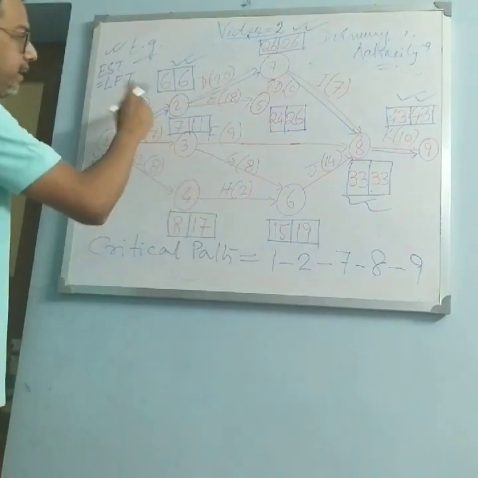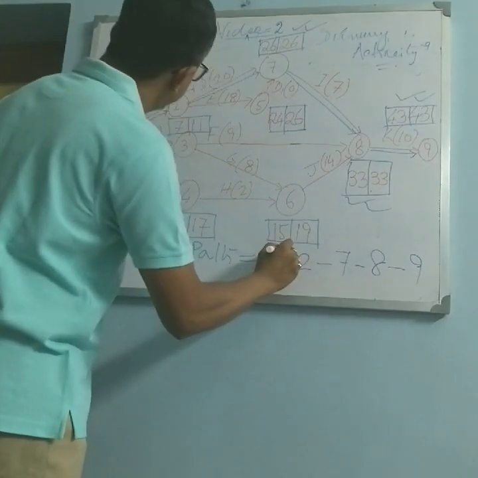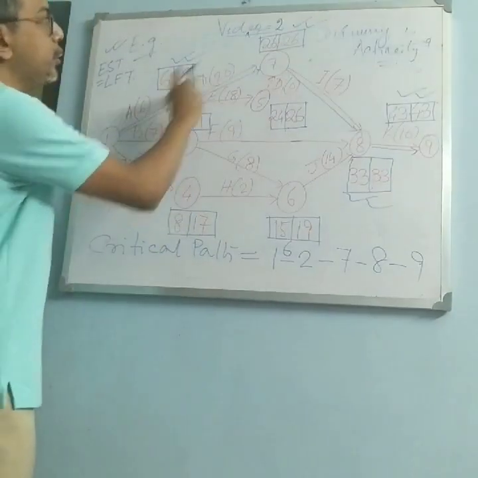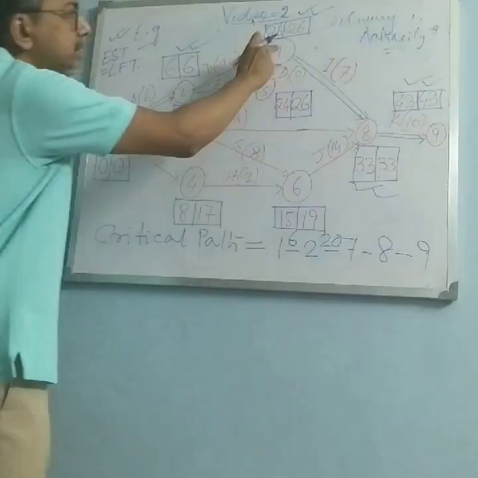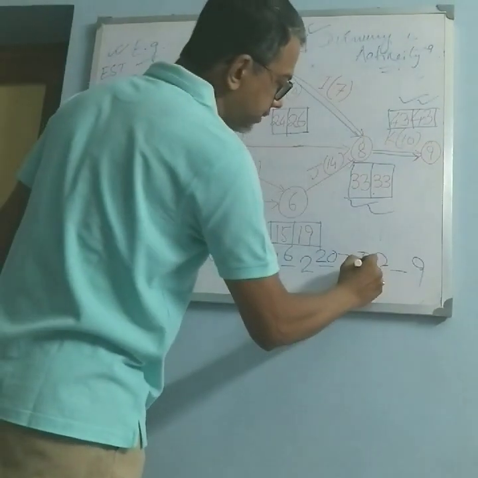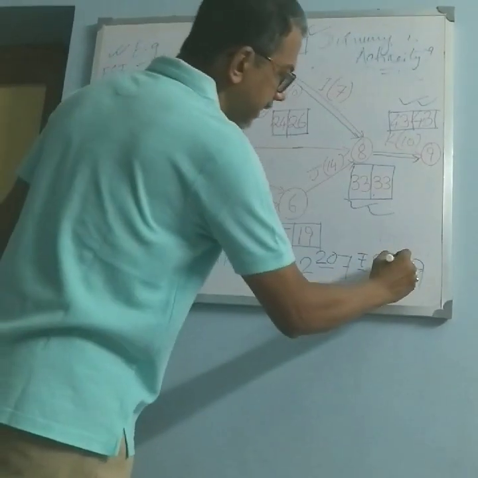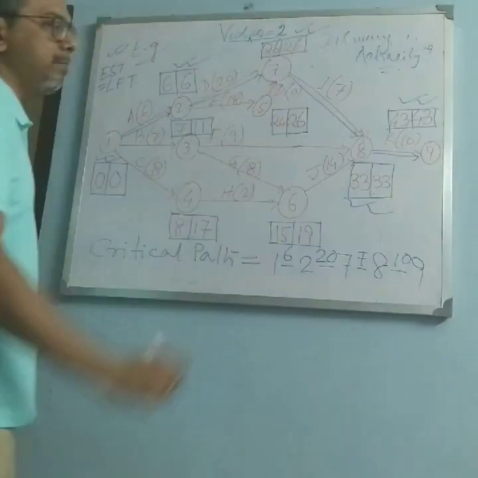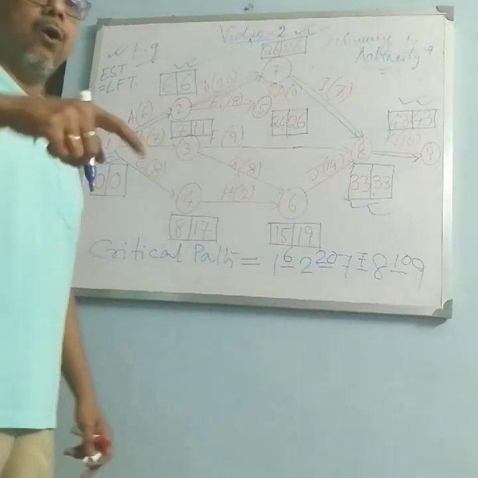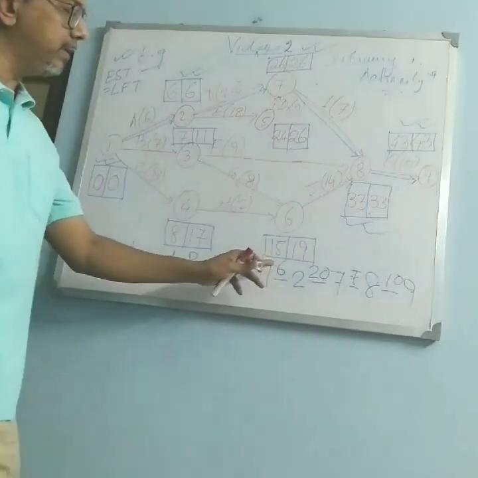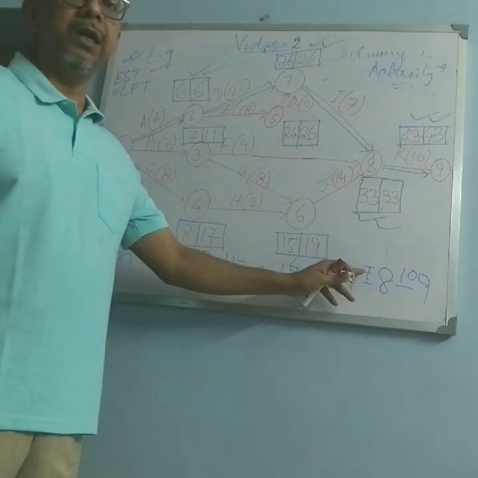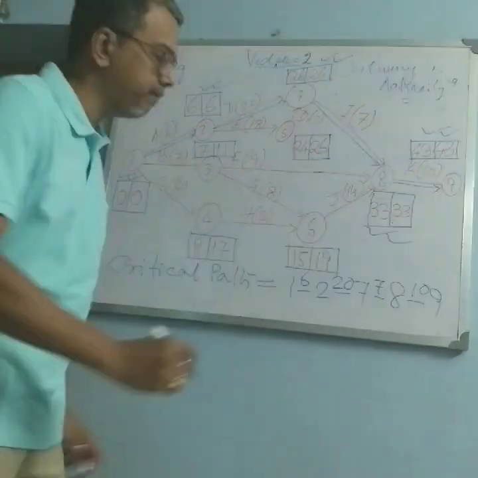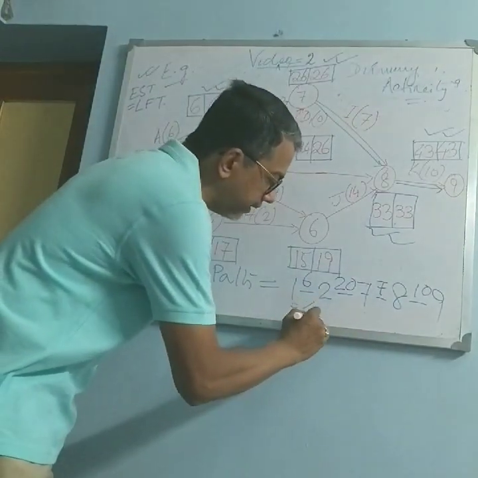Now 1, 2 activity time is how much? 6. Then 2, 7 activity time is how much? 20. 7, 8 activity time is how much? 7. 8, 9 is 10. Now add all of them, you will get 43. 6 plus 20, 26. 26 plus 7, 33. 33 plus 10 is equal to 43.